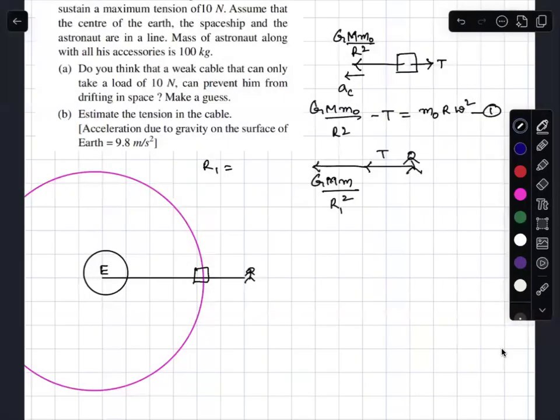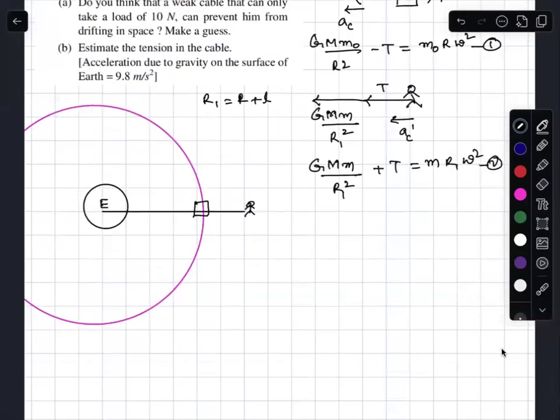R1 is nothing but R plus L. And that supplies AC dash. So therefore, this can be written as G M m by R1 square plus T is m R1 omega square. Let this be equation 2.